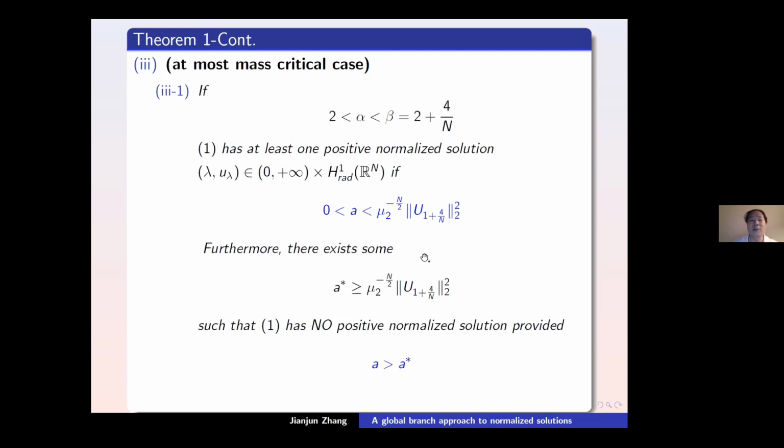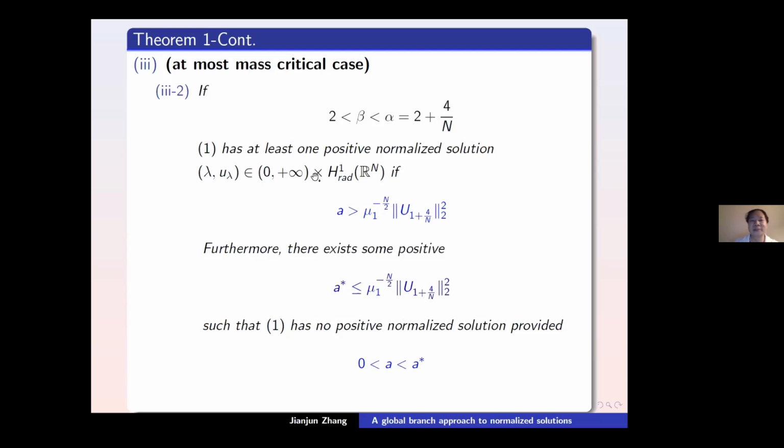So from these results, we can see that the behavior of the nonlinearity G near the origin and infinity can decide the existence and non-existence of normalized solutions. For the case where the problem is subcritical near infinity and critical near the origin, we can show that the problem has a normalized solution if the mass is large enough, and has no positive normalized solution if the mass is small enough.